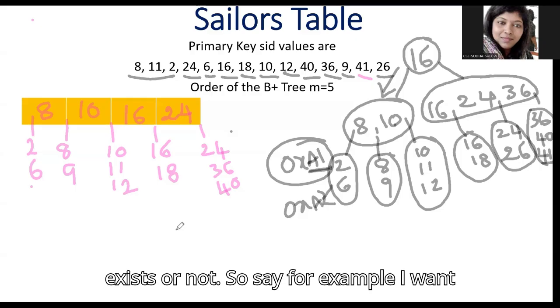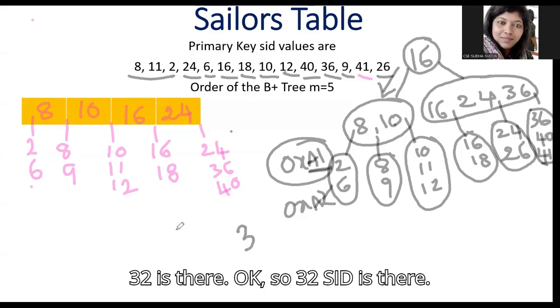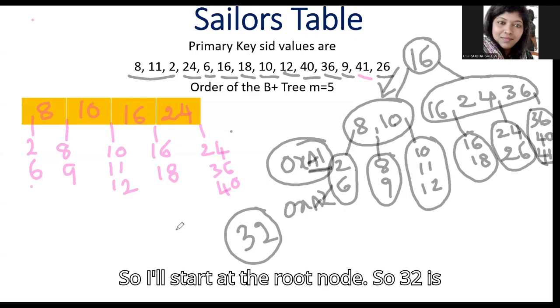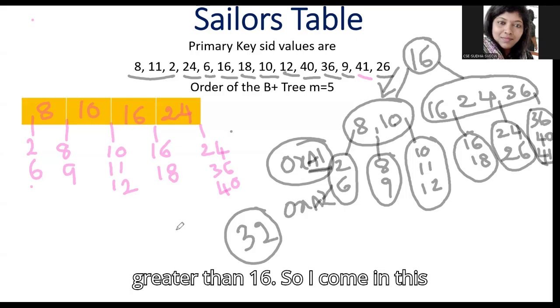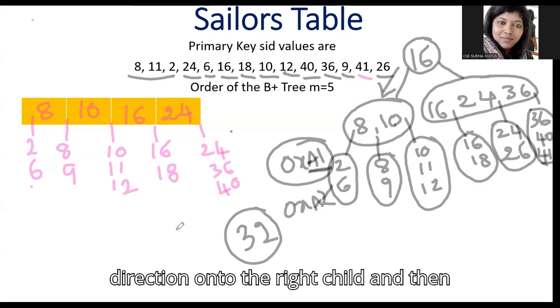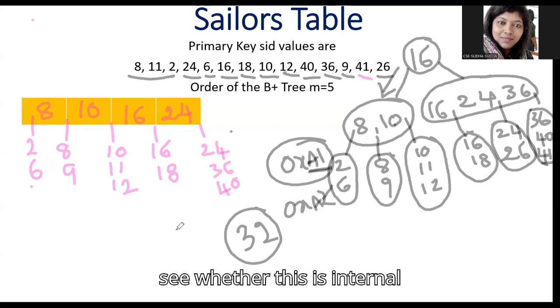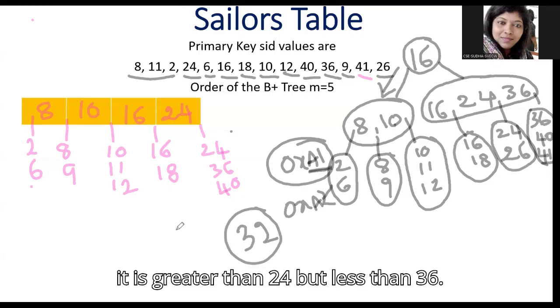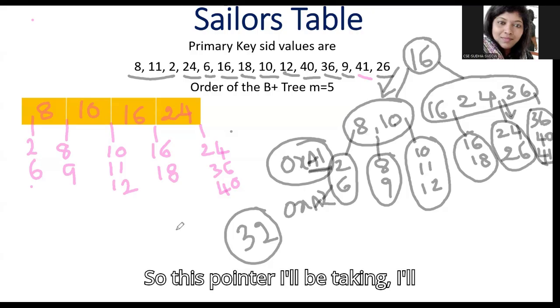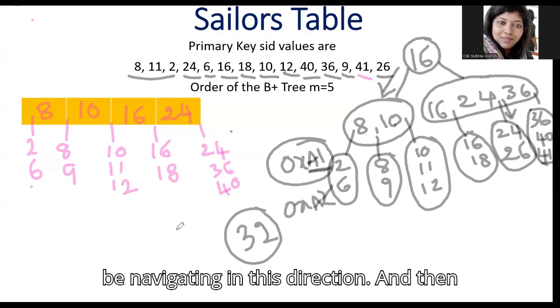And also I can see whether a particular SID exists or not. Say, for example, I want to know whether SID 32 is there. I'll start at the root node. 32 is greater than 16, so I come in this direction onto the right child, which is an internal node. Again, I'll compare. It is greater than 24, but less than 36. So I'll be navigating in this direction.